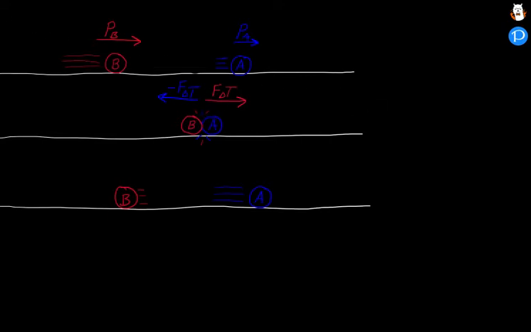So we're going to make a note of that over here. So the impulse, which remember is change in momentum, for each ball is the same, but in opposite directions.